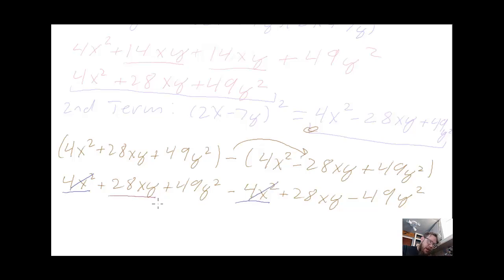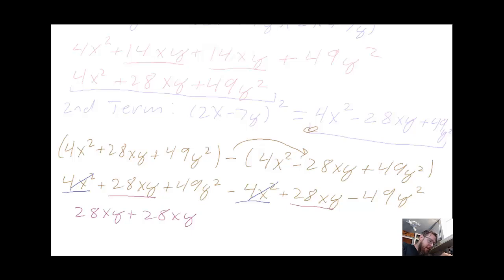Then I've got 28xy, so those I'm going to add. So we've got the 28xy plus 28xy.